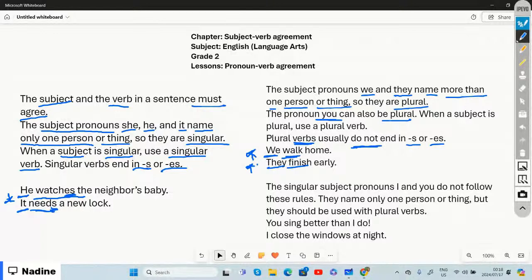So which means that these are our subject pronouns. And remember we said pronouns take the place of a noun. Pronouns are words like she, he, it, we, they, you, right? We have singular subject pronouns, and we have plural subject pronouns.